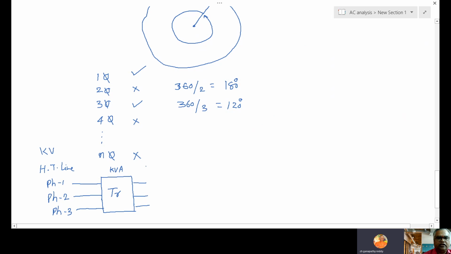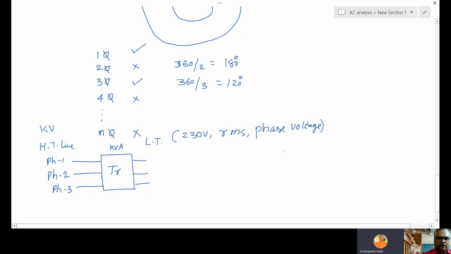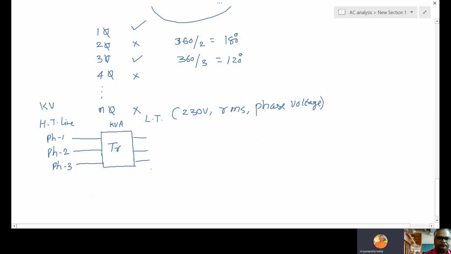Then the secondary side is the LT line. LT means low tension. Low tension means 230 volts. This 230 volt is RMS. It is also called the phase voltage. Phase voltage means the voltage in the line with respect to ground.